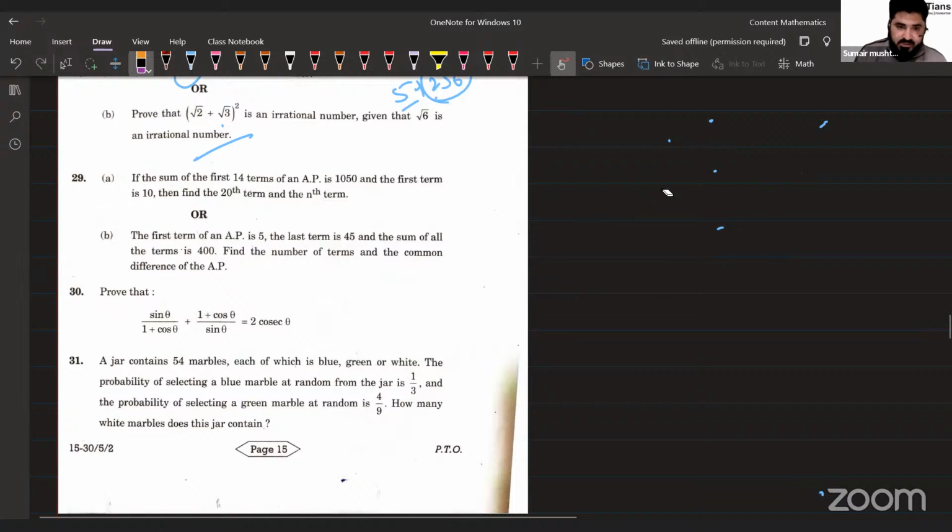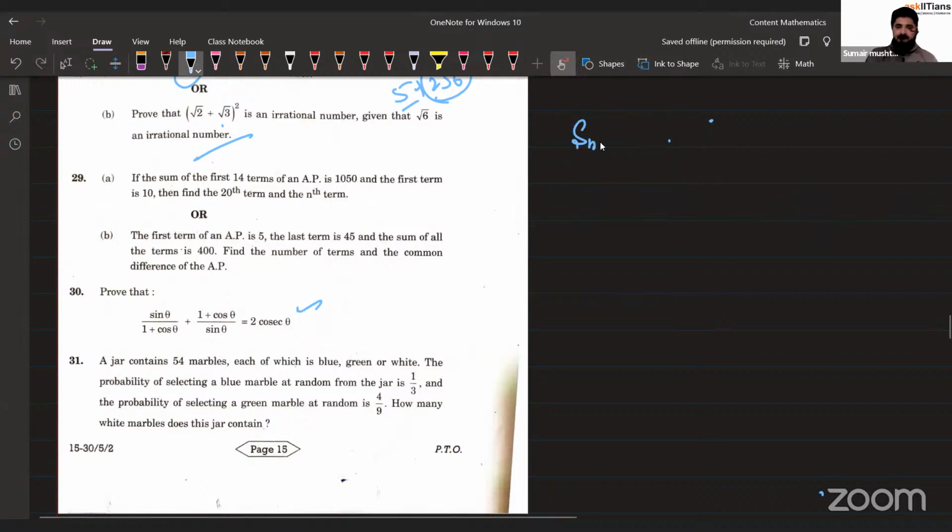Good question here. The 30th question gives sine theta. This is easy. So you can multiply this.